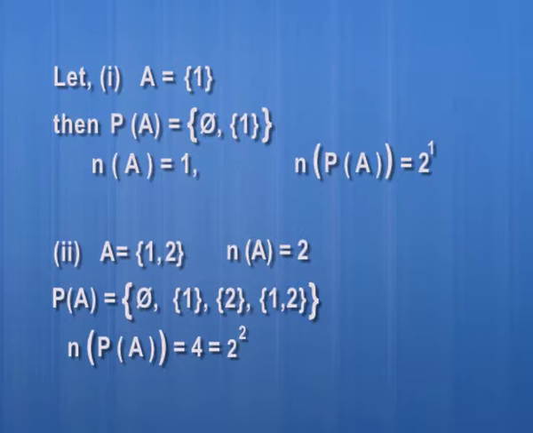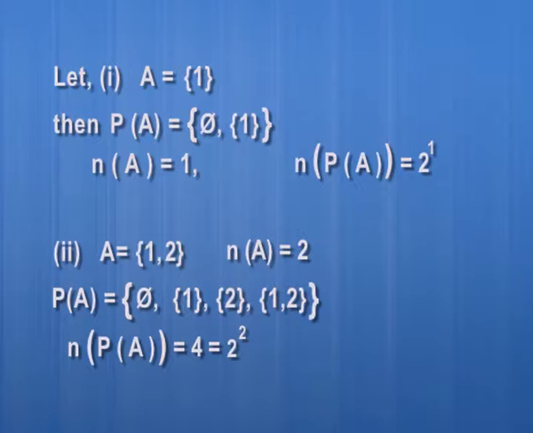Again, set A is having 2 elements, one additional element has been put in this set. Now, the number of elements in set A is 2. The power set will have 4 elements, we have just discussed. Now, the number of elements in the power set is 4, which can be written as 2 raised to the power 2.